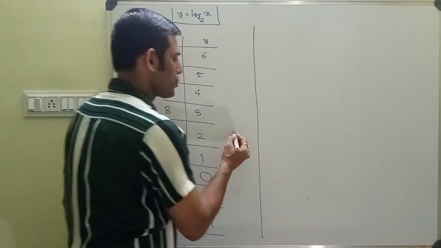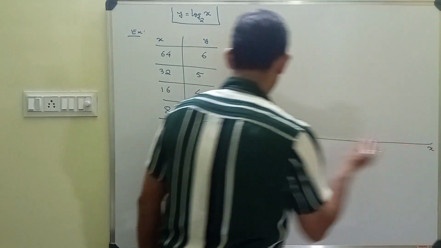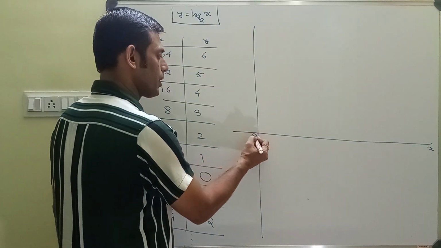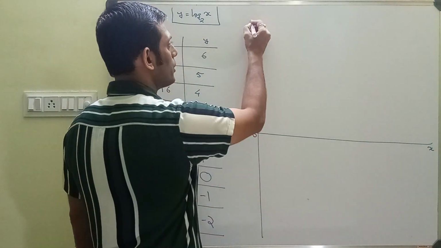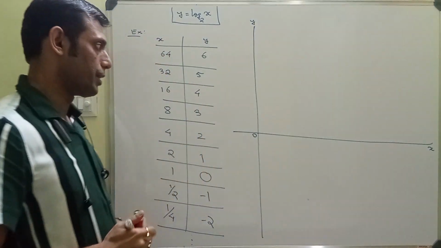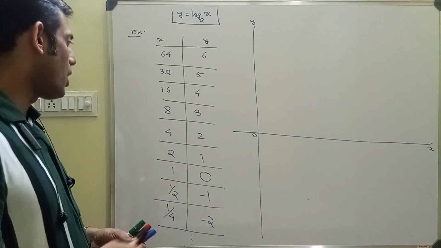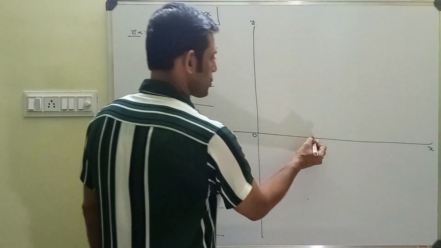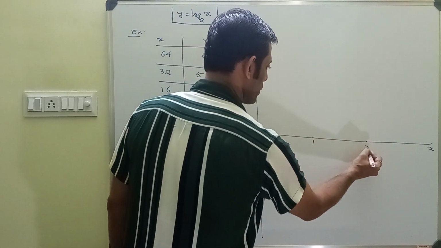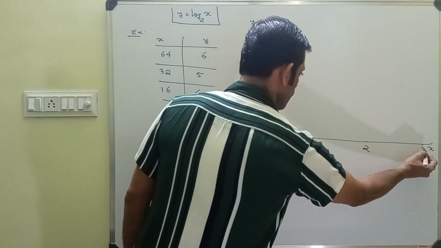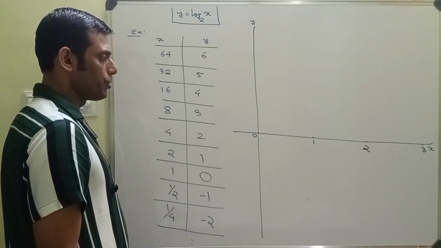If you plot this, we are sure that we are not going to work on the negative x-axis. The working will begin with 0 and ahead. This is your y-axis, and now it goes like this. Let's plot the points. Let's say this is exactly 1, and this is 2, and this is 3, and not more than that we can accommodate here.